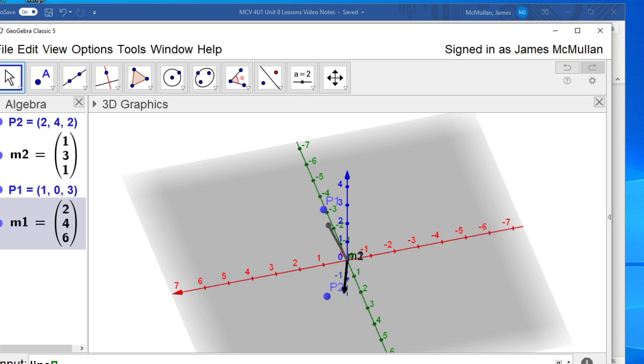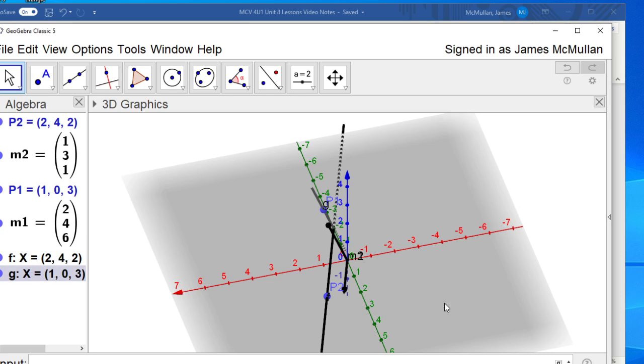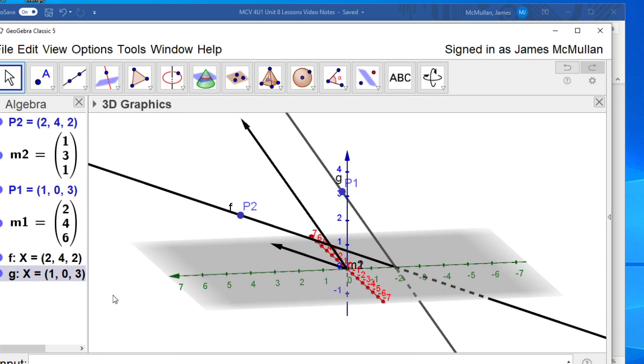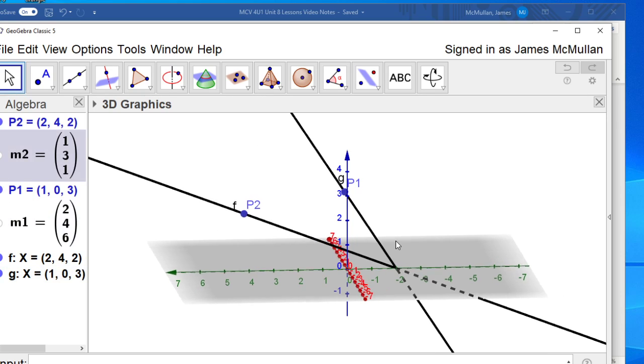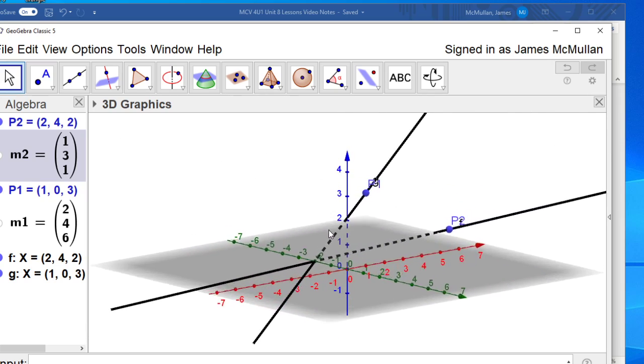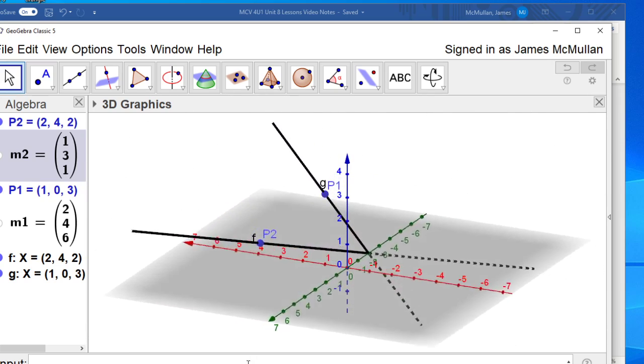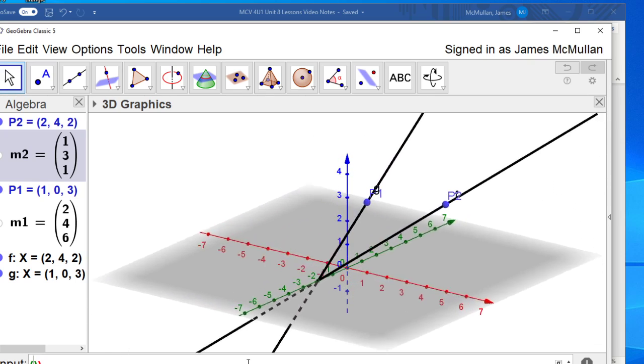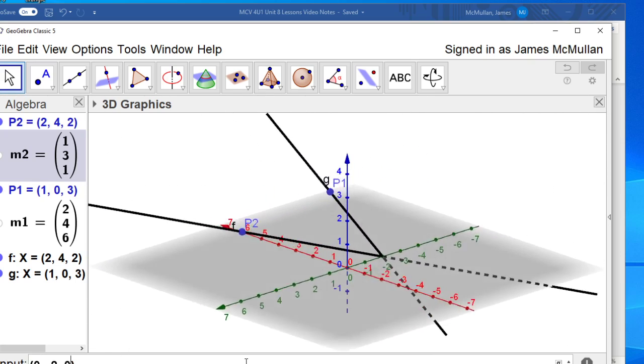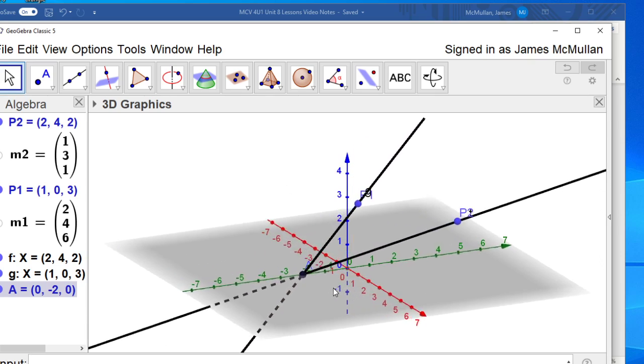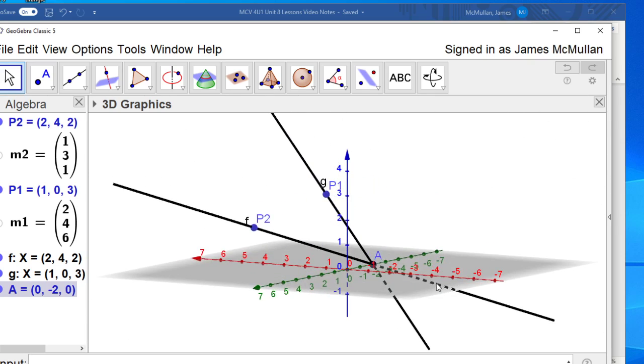So we go line P2, M2, line P1, M1. And let's get rid of the direction vectors because they can be a bit confusing. And you see that those two lines do intersect at exactly the point we said they should, which is (0, -2, 0), which is that point where they cross. Okay, so everything's good there.